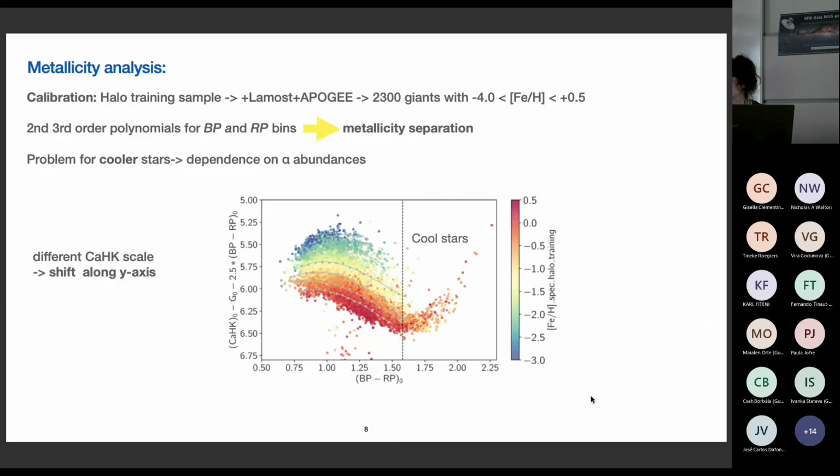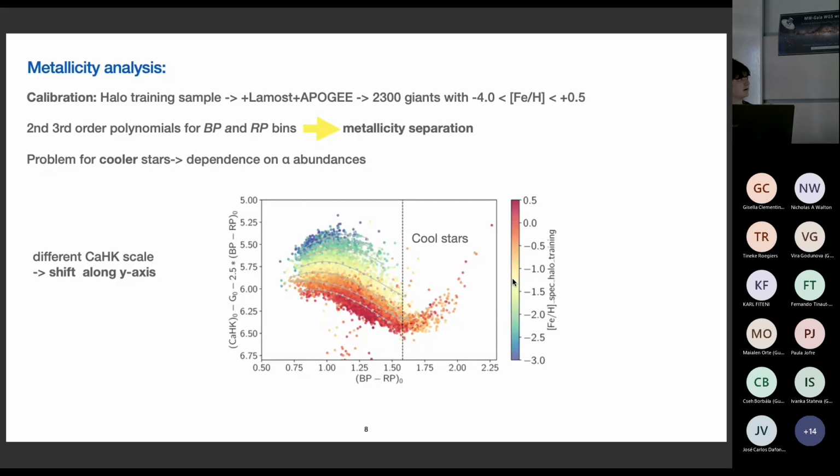You can see the color space where all the spectroscopic metallicities are plotted. As you can see from the plot, there is a quite nice vertical spread that basically allowed us to fit some polynomials in steps of 0.5 in metallicity, and therefore divide Sagittarius into different metallicity groups.